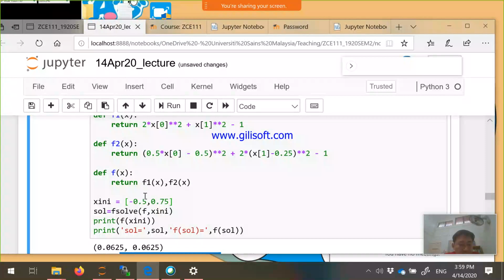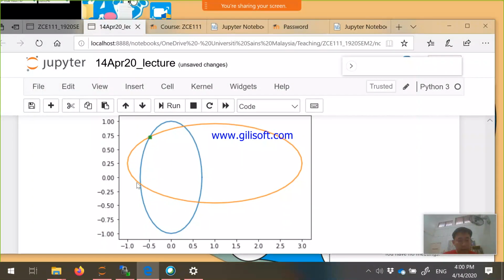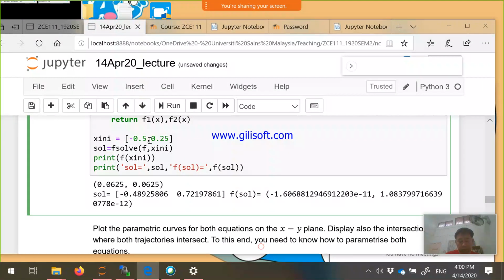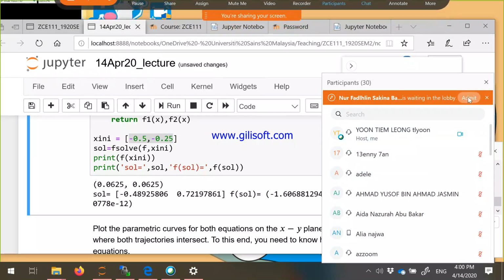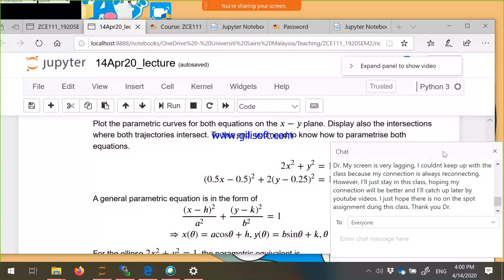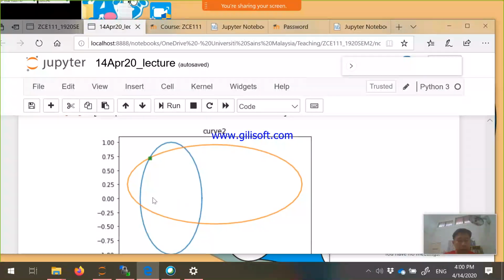If I change this initial guess to minus 0.5 and minus 0.05, this is the initial guess that should land me onto the intersect at this point.